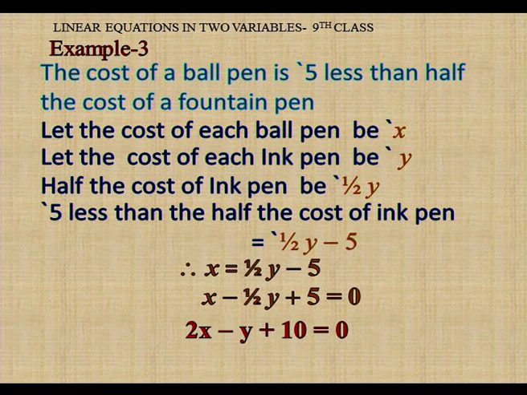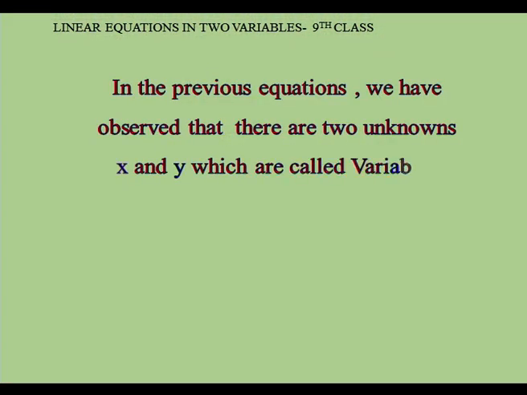Are you clear, children? This is the general equation which we have framed now. So, you can leave it like this, x minus half y plus 5 is equal to 0, or you can also write 2x minus y plus 10 is equal to 0. In the previous equations, we have observed that there are two unknowns, x and y, which we call variables, and whose values can change as per time.